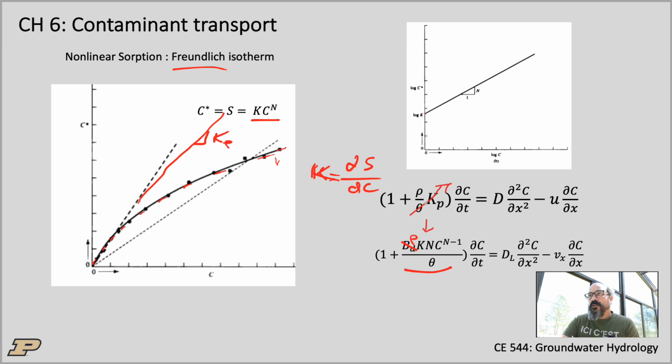This was the linear one, so you can compare. Now this is not true anymore, but we have this new thing. So if we have the data, again, we can just measure n, measure k from the data, and then rho and theta are the same. So you can see that this is a slightly different retardation coefficient, but at the end of the day, we still have some retardation coefficient that we can just plug in, and then the result is the same, that it is rescaling your dispersion and your velocity, essentially.